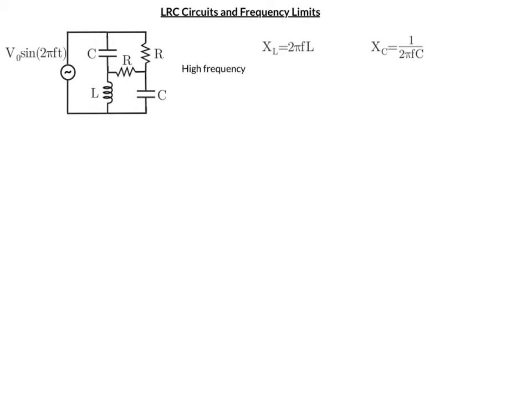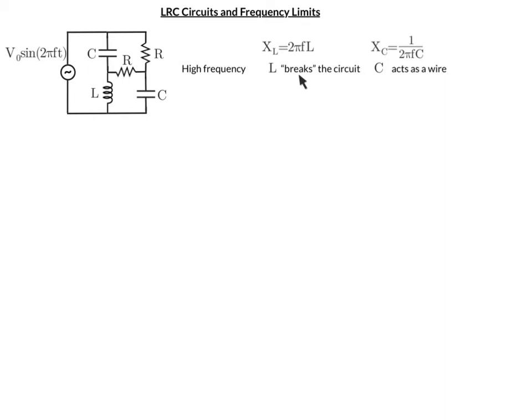So if we looked at high frequency limits, then when frequency is very high, the inductor is going to have a very high reactance, and it will behave like a broken wire, like a broken circuit. When the frequency is high, the capacitor will have a very low reactance, so it's not going to impede the current flow. That's why we'll say that when the frequency is high, the inductor breaks the circuit.